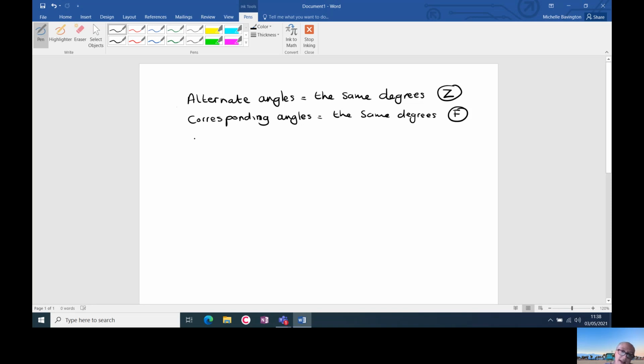We have co-interior, which equals 180 degrees, and we have vertically opposite, which equal the same degrees.